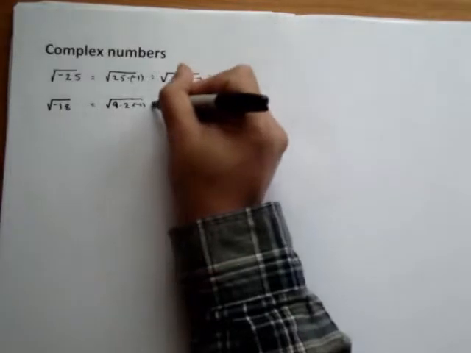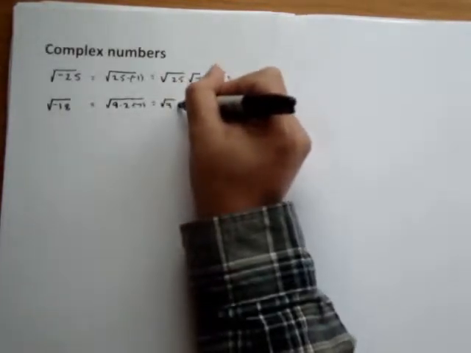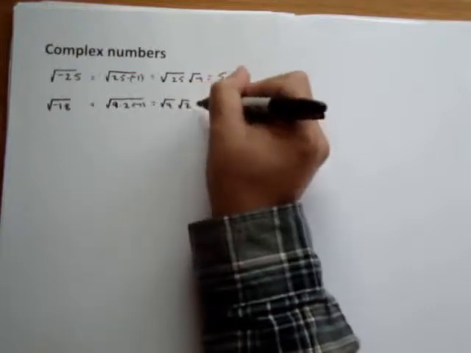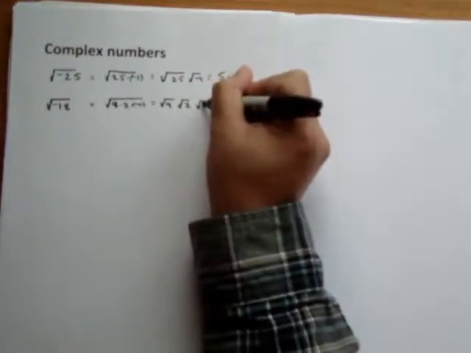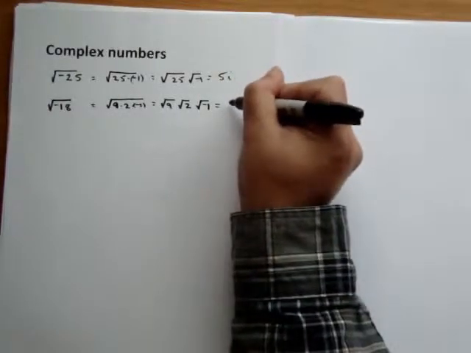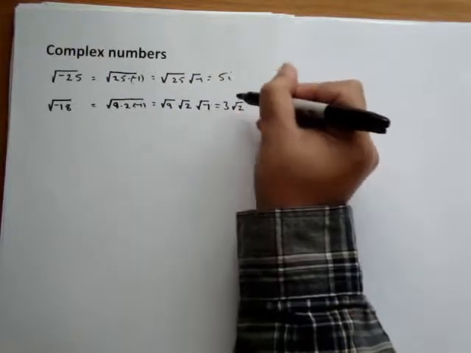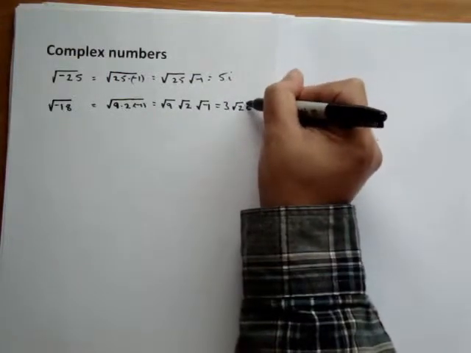So this can be thought of as the square root of 9 multiplied by the square root of 2 multiplied by the square root of -1. Now the square root of 9 is 3, then we have the square root of 2, and the square root of -1 is i.